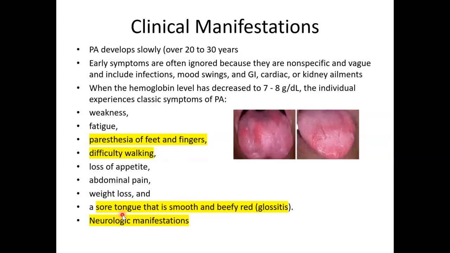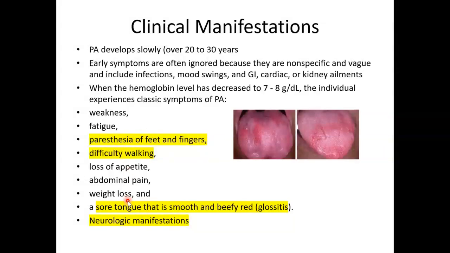Some specific symptoms to pernicious anemia are neurological manifestations, and sometimes that's how they manifest. They have paresthesia of their fingers and their feet. Maybe they lose their balance and they're falling, difficulty walking. I could put multiple neurologic manifestations here. These are just two that we see in these type of people, especially when it gets severe and the hemoglobin gets down to 7, we start seeing neurological symptoms.